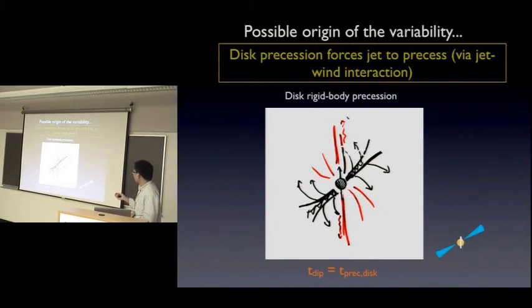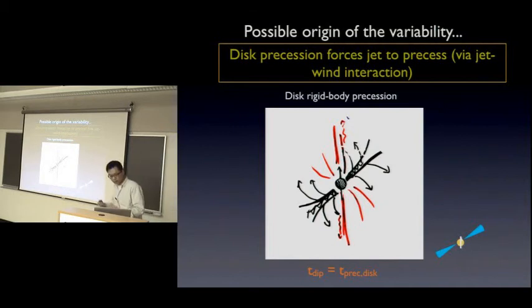The jet axis is probably associated with the black hole spin, but the disk ejects a lot of wind, and the wind has a strong momentum flux to deflect the jet into a direction that is normal to the disk plane. So under the deflection force of the wind, the jet is probably forced to always align with the disk normal.